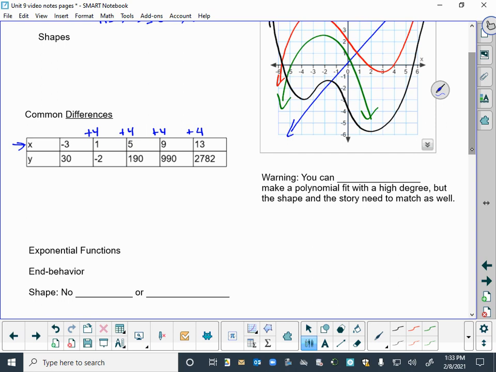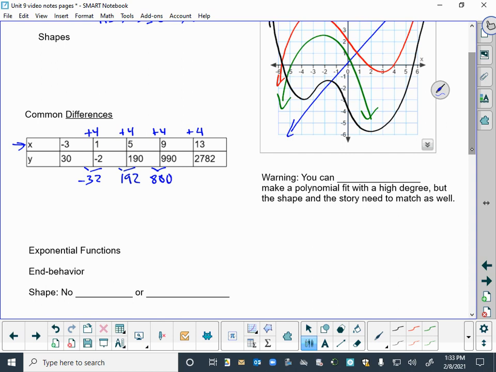What we're going to do is look here and here, and we're going to do negative 2 minus 30, which would give me a negative 32. 190 minus negative 2 is 192. 990 minus 190 is 800.